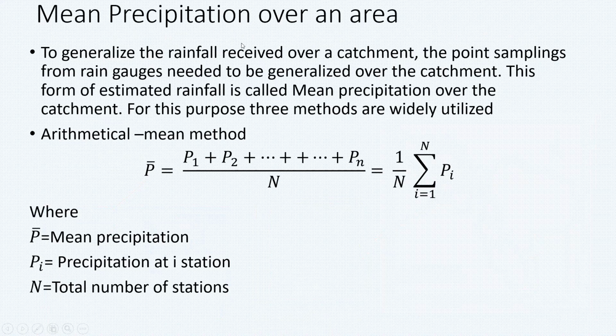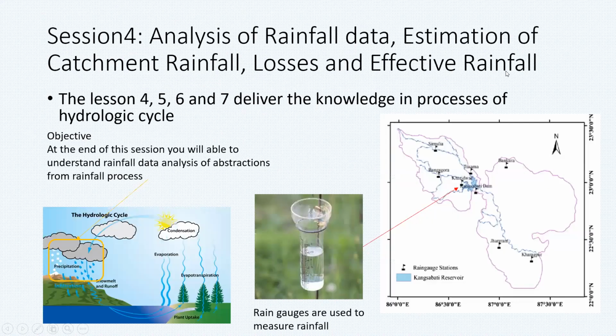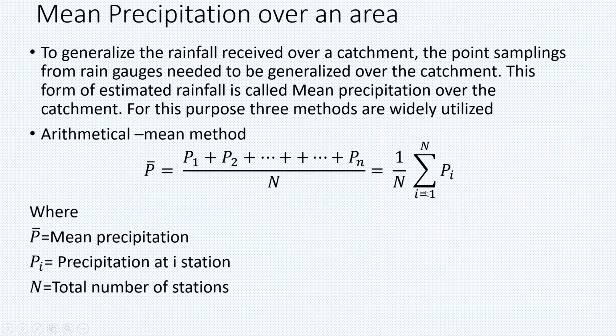The point samplings from rain gauges need to be generalized over the catchment.